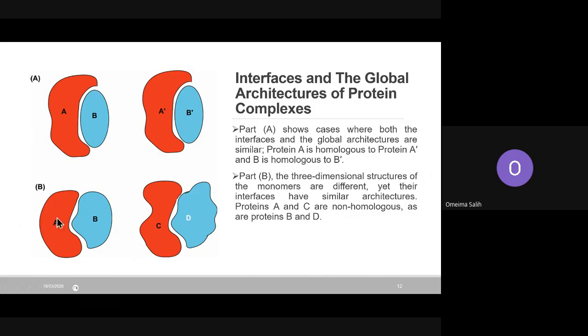Like, for example, in B, because there is a difference in the conformation, they cannot fit together. So this type depends on a chemical interaction rather than a physical interaction or fitting together because of the architecture, conformation, or three-dimensional structure of the polypeptides.